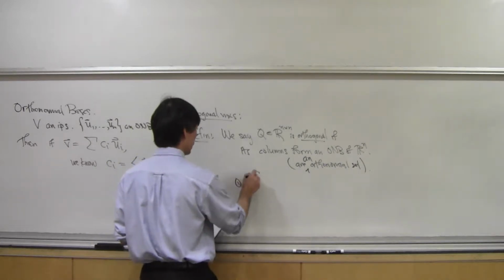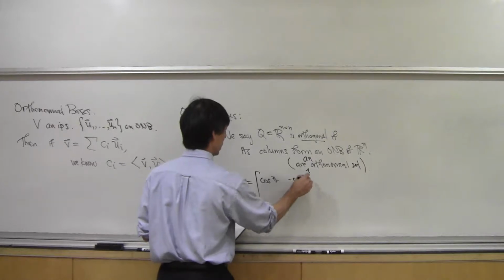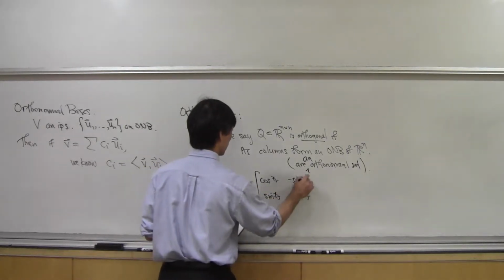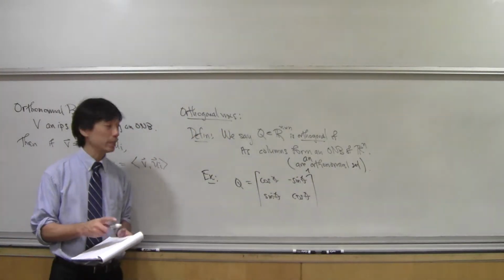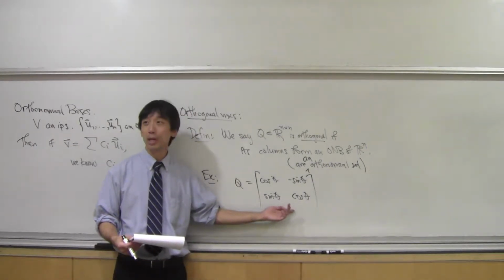So, for example, if we look at the rotation matrix by theta, you remember that looks like this. You rotate by theta. This actually is an orthogonal matrix, right?